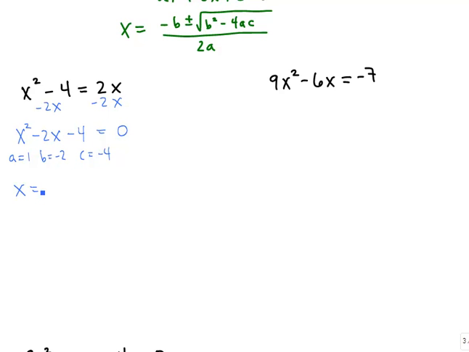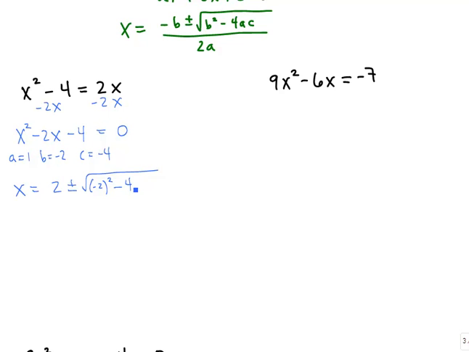X equals minus b. So if b is negative 2, we want the opposite of that, so it turns into a positive 2. Plus or minus the square root of b squared. Notice that I'm wrapping that in parentheses because we want to square not only the 2 but also the negative.